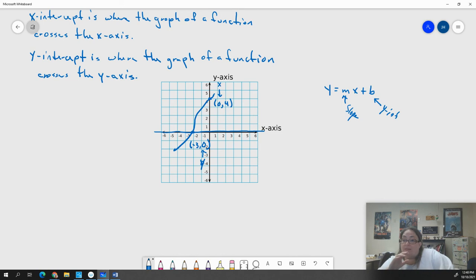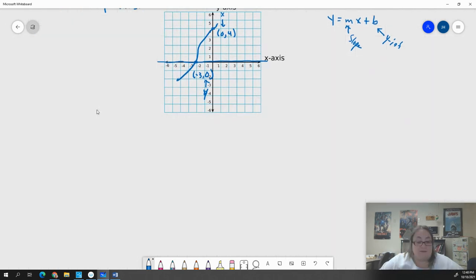So what's good about this is it tells us how we can find these numbers, right? And the trick to all of that is that to find the x-intercept, we set y equal to 0 and solve for x.